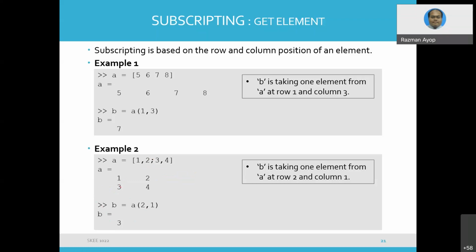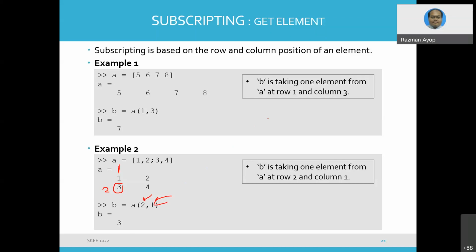Number 3 is basically in row 2, row number 2 and column number 1. So you call B is equal to A, because the data is inside A, row number 2, this is the row, and column number 1. That is how you call the data.